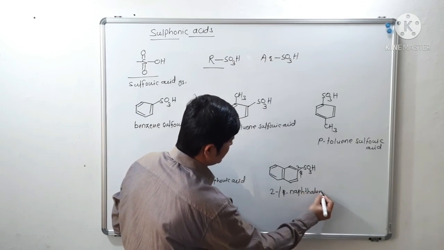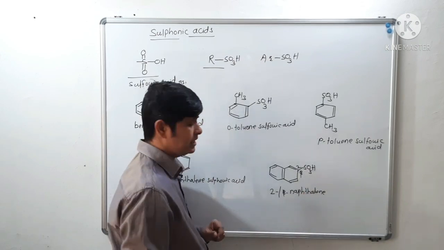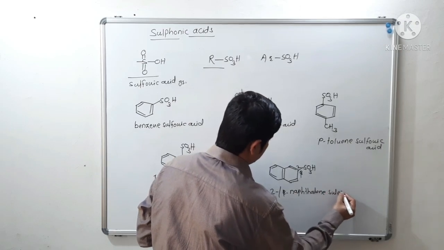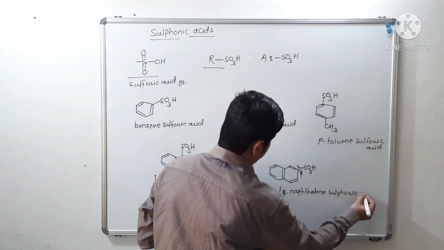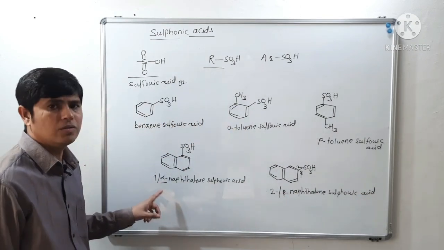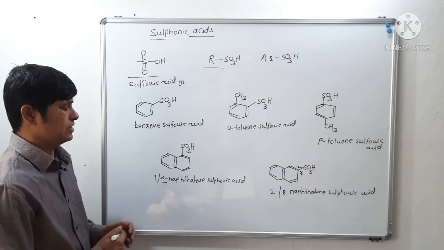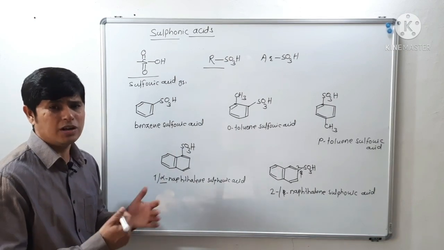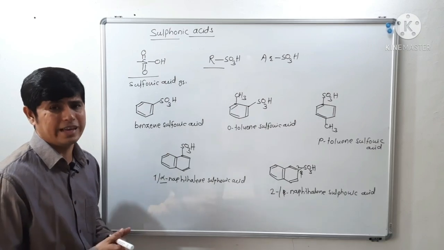Here also the naphthalene ring is a substituent. So we have such examples of aryl sulfonic acids.